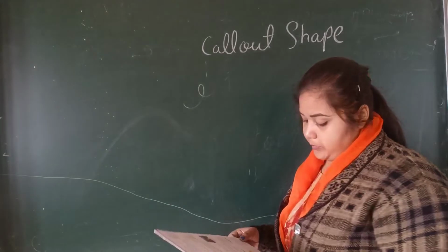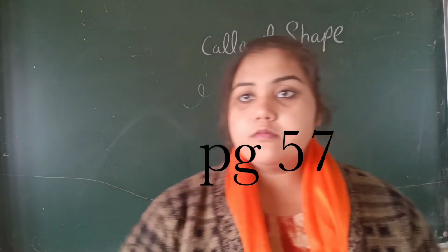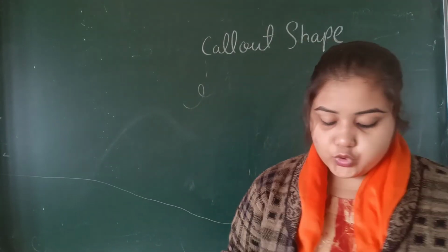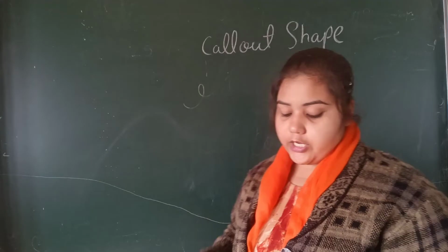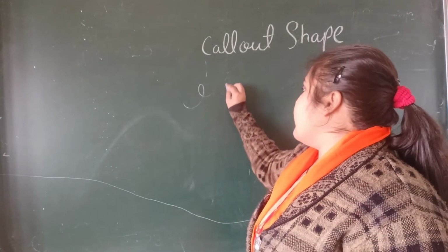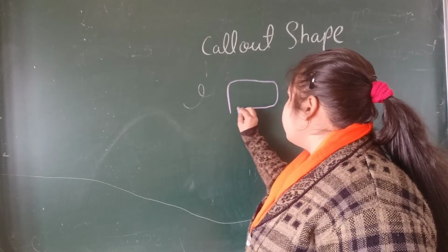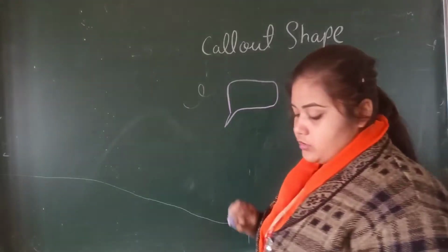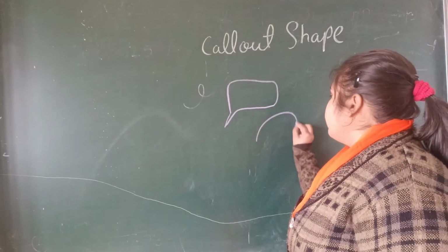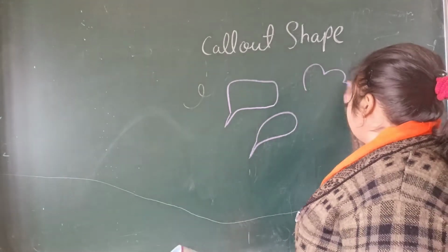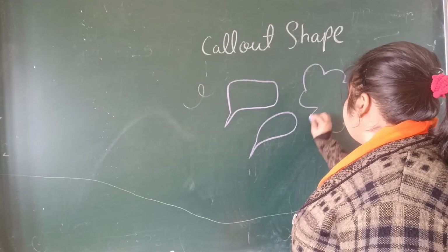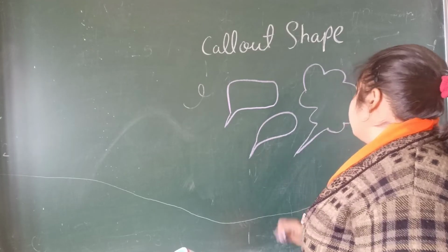So please open page number 57. You can see figure 5.2, types of callout shape. This callout shape is of many types, like you can see like this also, then like this also, like this also.